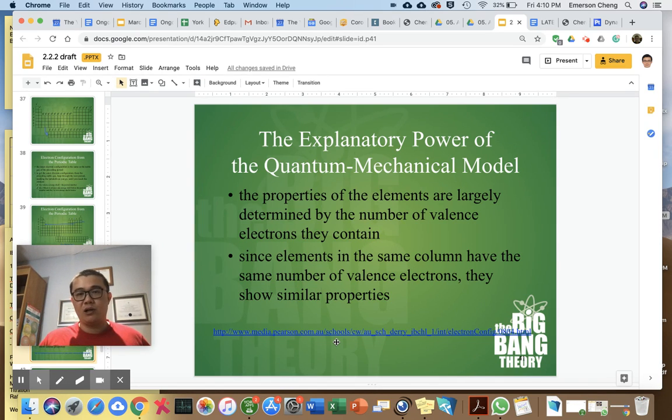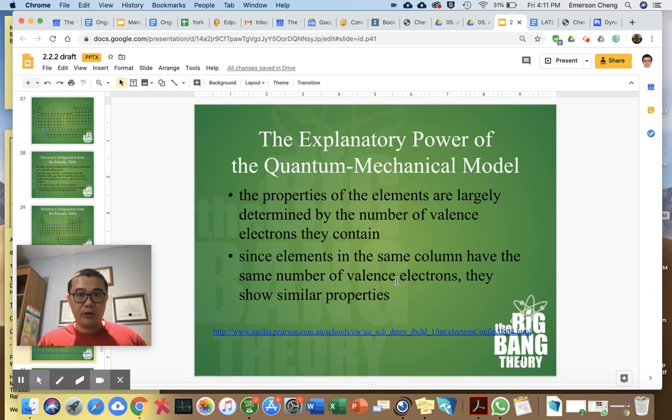So, what's so good about this quantum mechanical model? Again, we show that the property of the elements is determined by the number of valence electrons, just like you previously learned, as well as the different elements of the same column have the same number of valence electrons, and they show similar properties.